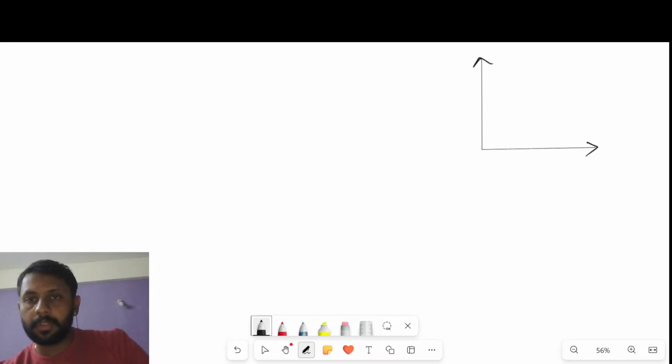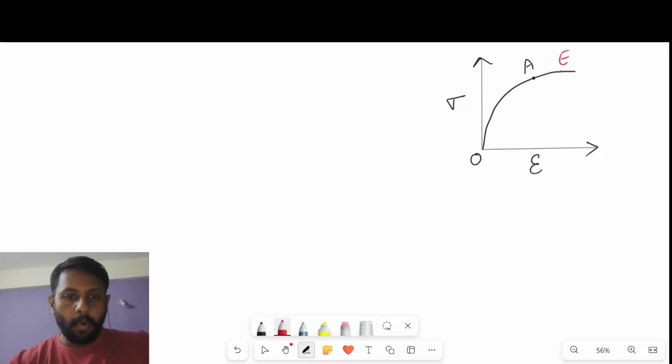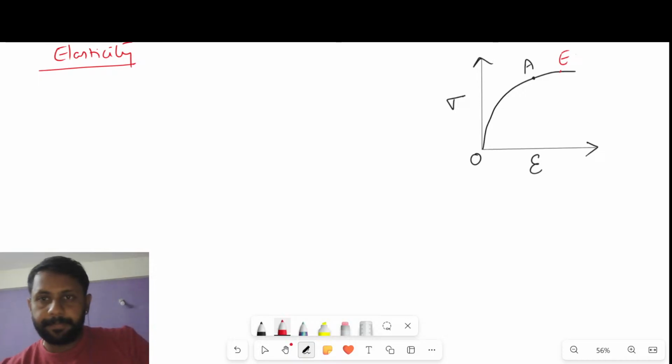Stress and strain, there is a graph like this. This point is A, this point is the origin, this is the elastic limit. So, what I have done is, now we are discussing elasticity.